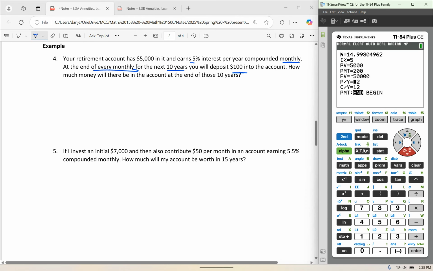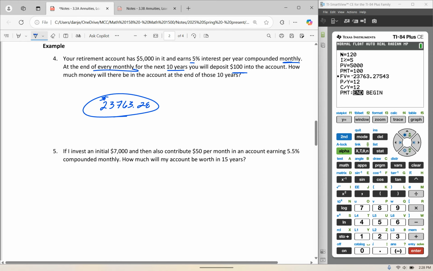So my PY is 12. I'm going to be making monthly payments of $100 into the account, and I'm doing this for 10 years monthly. That would be 120 months. The future value of my account, Alpha, Solve on the future value, will be $23,763.28. Okay? So really, it's not a huge change.